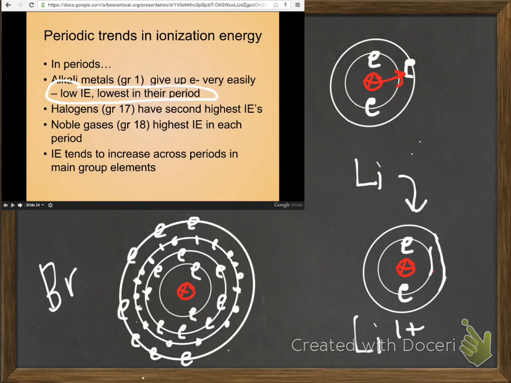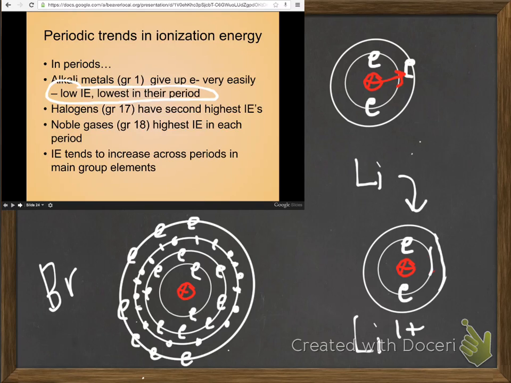So the halogens tend to have the second highest ionization energies in their groups. They don't want to give up an electron. Why would they? They're so close to that stable noble gas formation. There is almost no way that they're going to give up an electron.